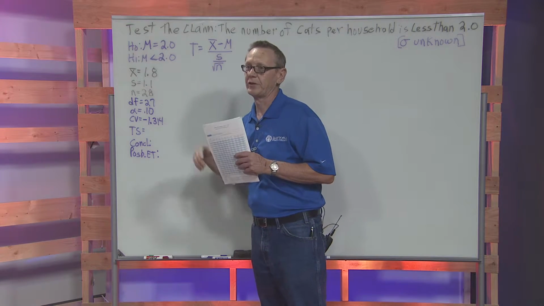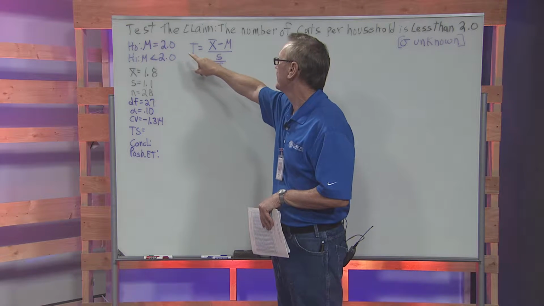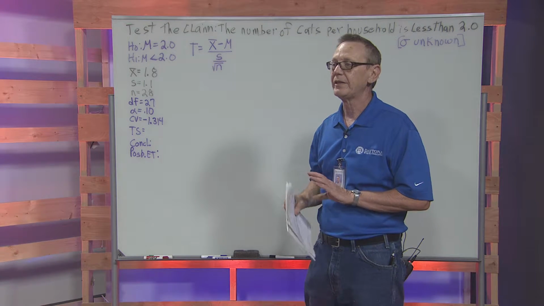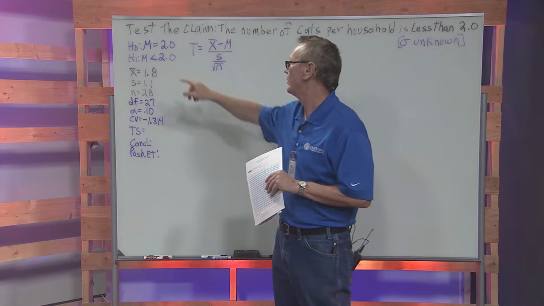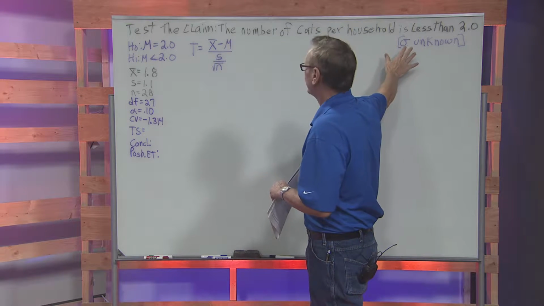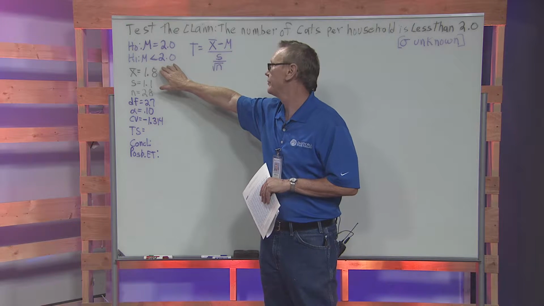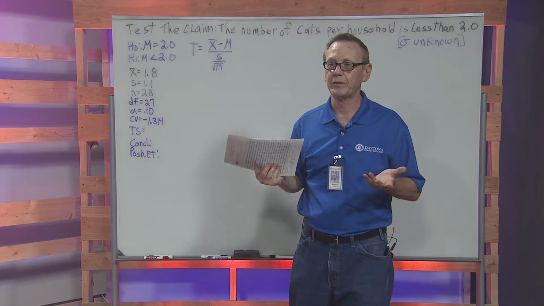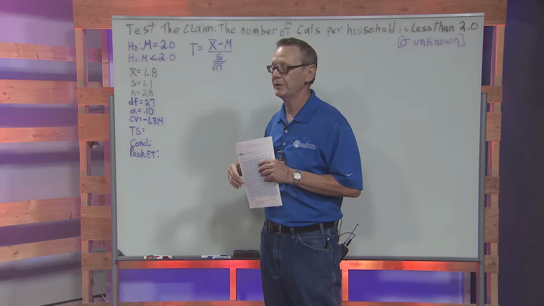The H sub 0, which is the null hypothesis, is that there is 2.0 cats per household. The null hypothesis is unbiased, and it always has an equal sign. The claim statement tells us about the alternative hypothesis in this case, and it's less than, so we use the less than symbol. We stick with 2.0 for mu.